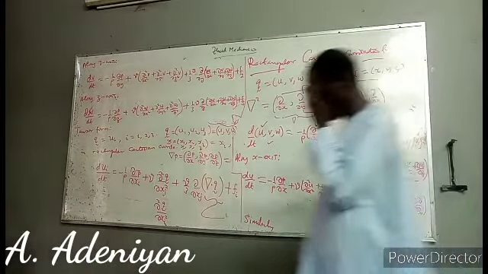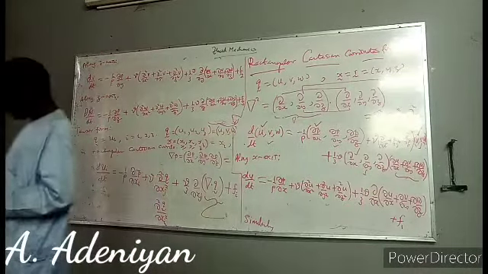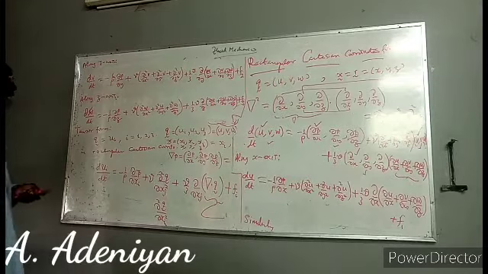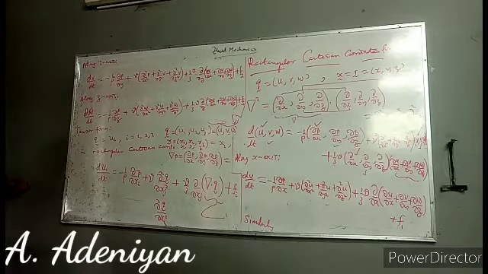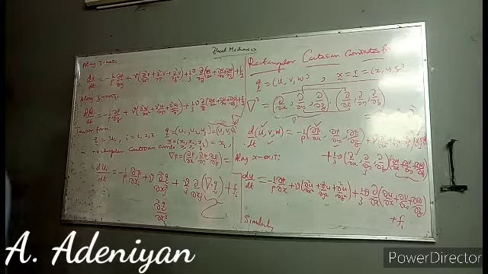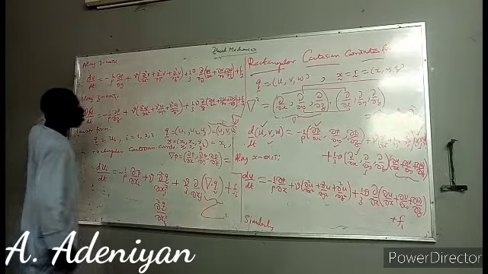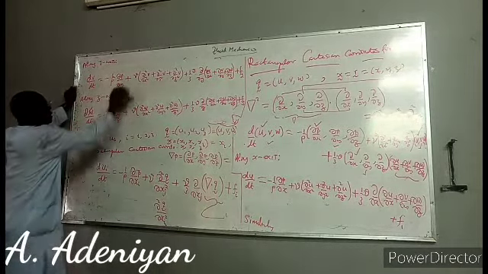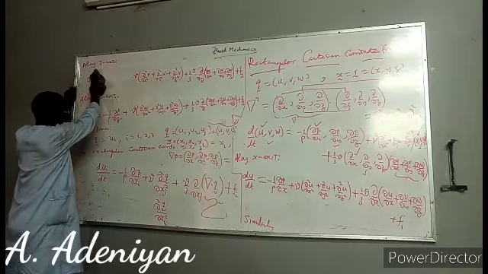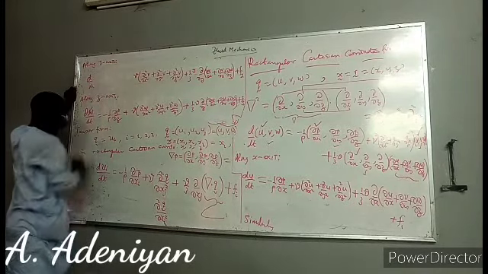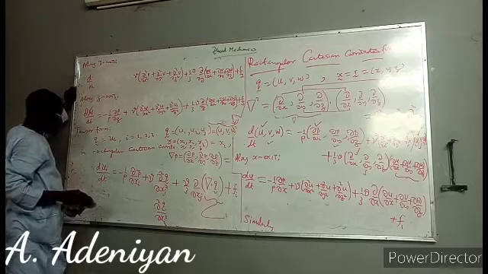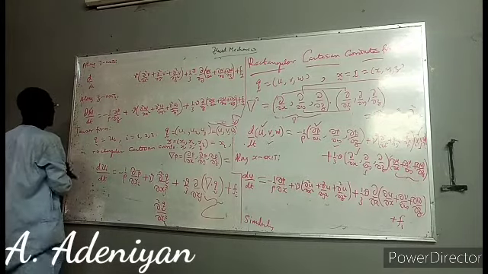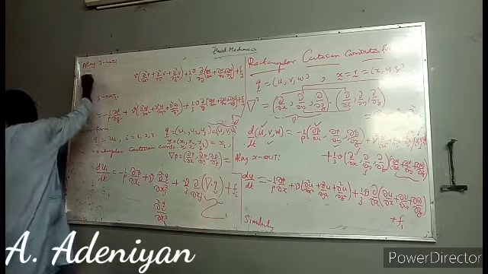Now, I intend to write this also in the next. We have treated rectangular coordinate system. Now we want to teach a very common coordinate system, which is the cylindrical coordinate system. In cylindrical coordinate system, okay, let me still do this.